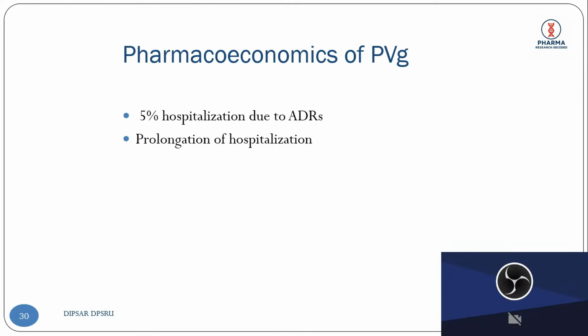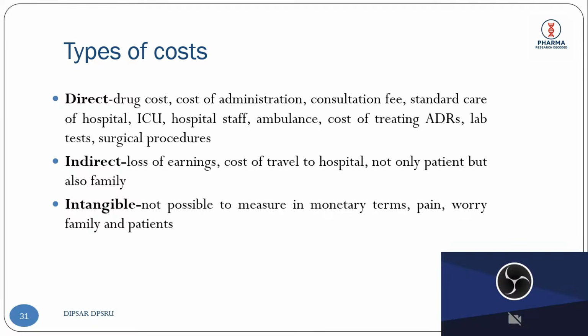Okay, so sir, what I mean to say in this slide is we have to consider the cost involved in managing adverse drug reactions of the medicines. That is what we call pharmacoeconomics or pharmacovigilance, right? So we talk about two things: one is cost, and then safety and efficacy.